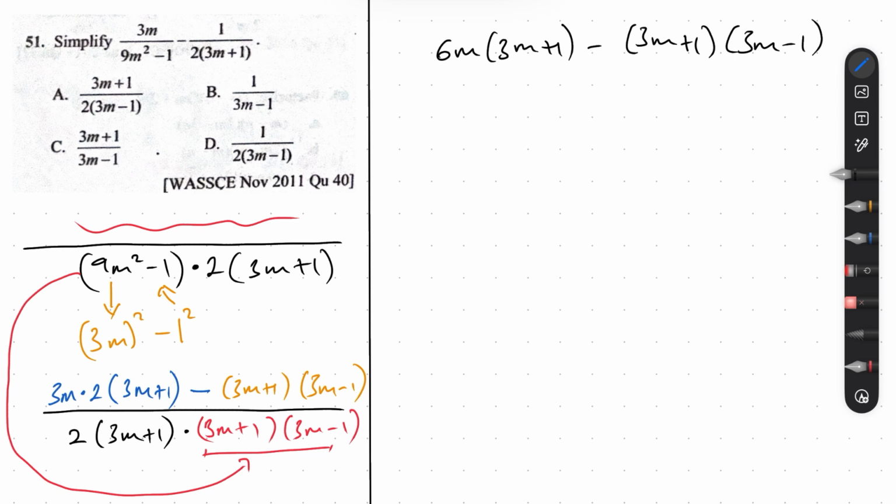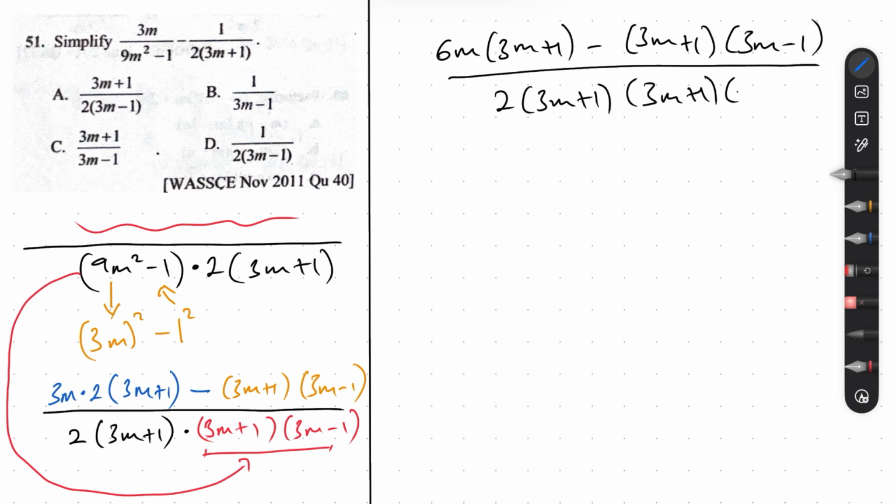Okay? Cool. All over our denominator, which is 3m plus 1 multiplying 3m plus 1, 3m minus 1. Okay? Cool.